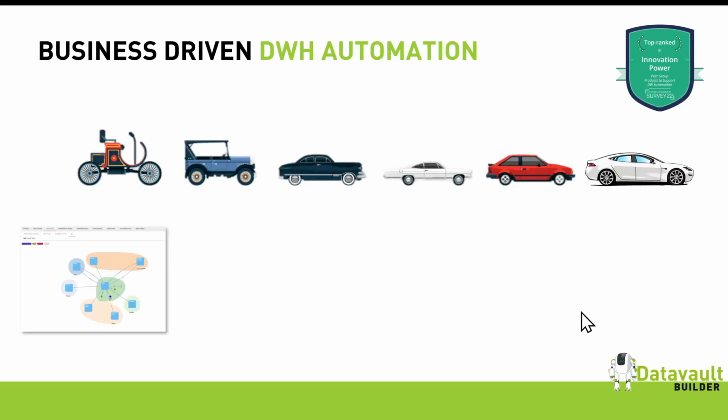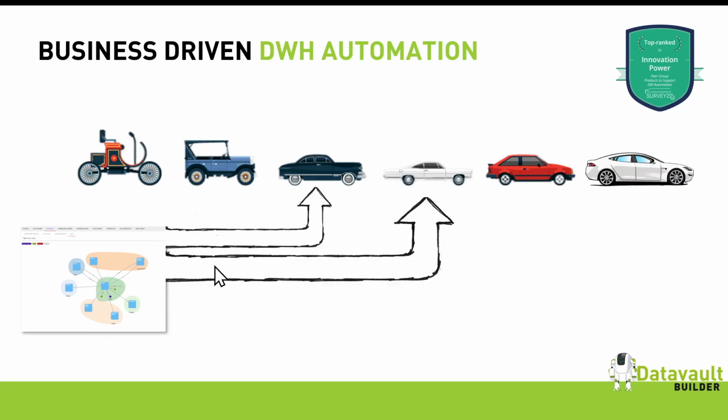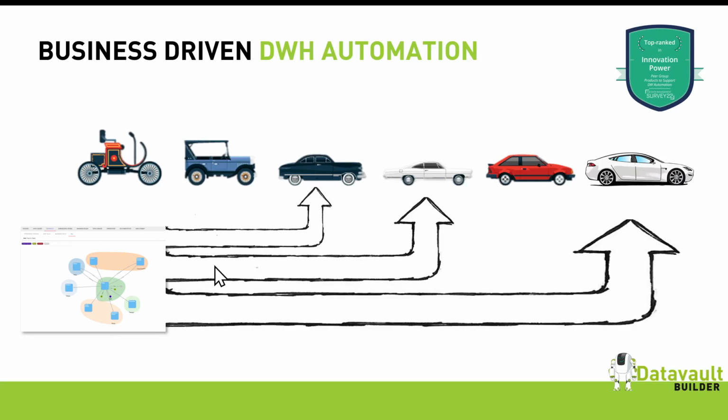The second thing which is different is we believe that your physical implementation, so the tables used, indexes used, data types used in the database, might change over time because database technology evolves. But here we have the data model which abstracts all of that, and we can regenerate your physical implementation again and again. The difference to other tools is we deliver you all the patterns that are maintained by us.